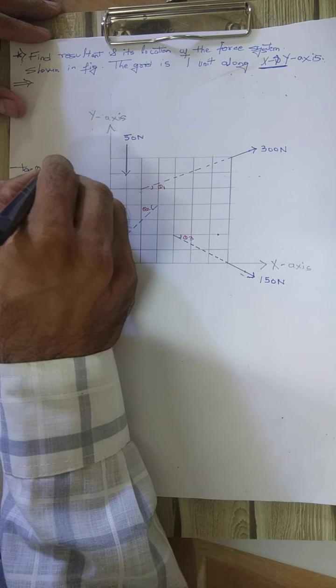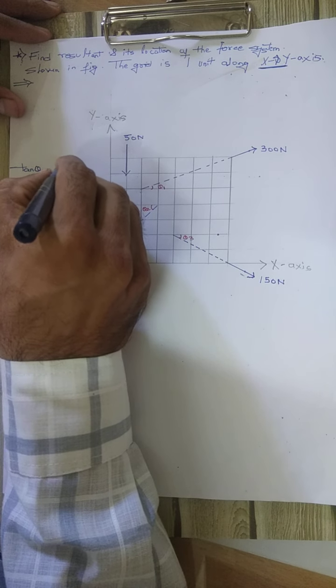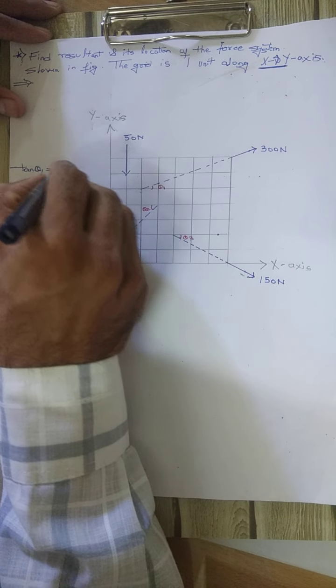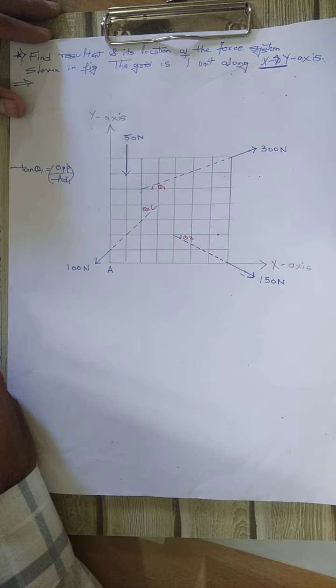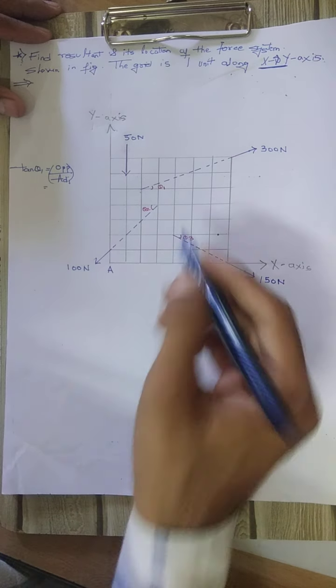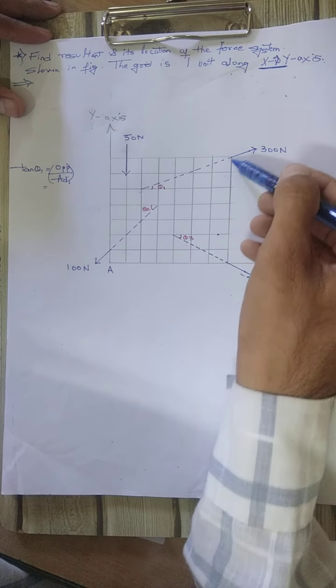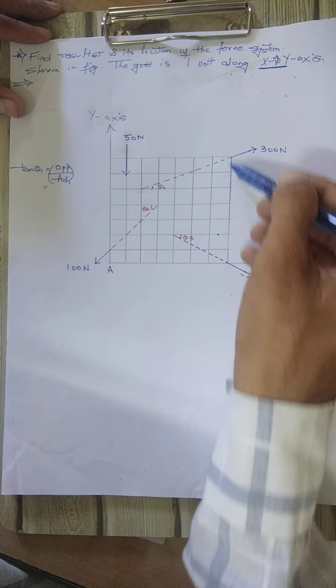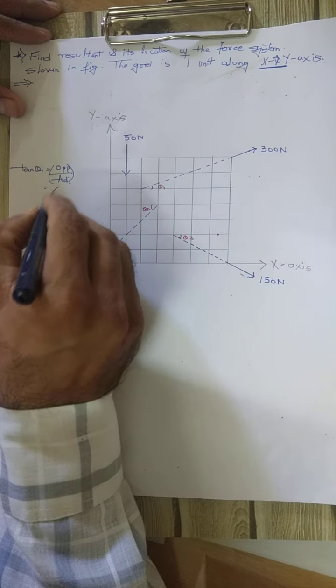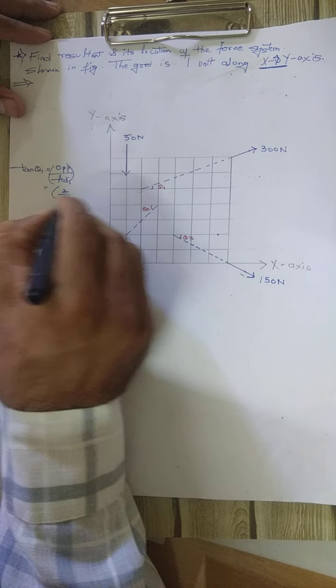What is the formula for tan theta? Tan theta is opposite upon adjacent. Here, for theta 1, the opposite side is this vertical side. How many blocks are there? 2 blocks, so the opposite side is 2.